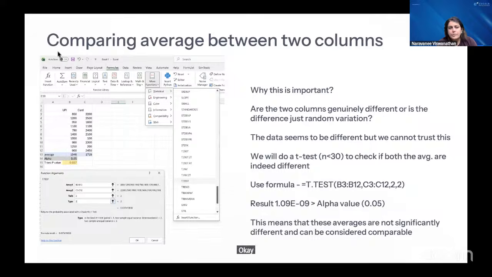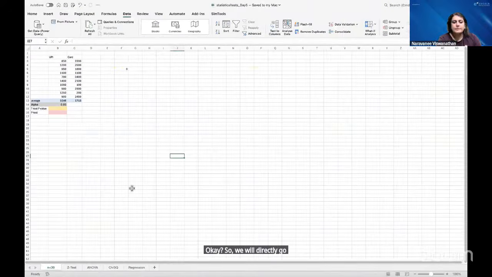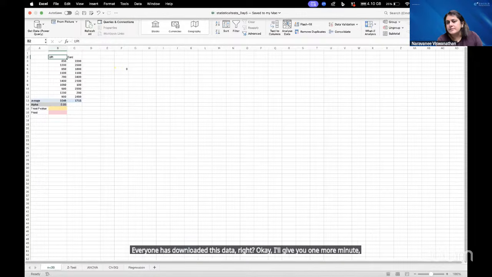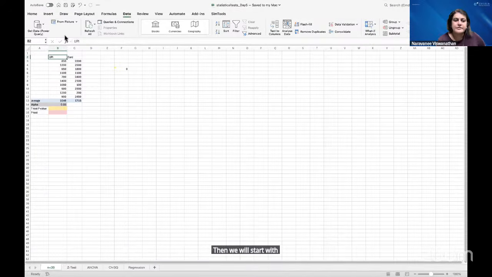Okay. So if you have downloaded, we're going to start with this. Okay. So we will directly go to the first sheet. So what is this? These are basically, you can see there are two columns. Everyone has downloaded this data, right? Okay. I'll give you 1 more minute, guys. Then we will start with these different tests that we are doing.